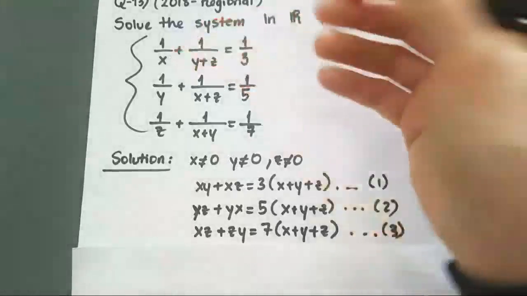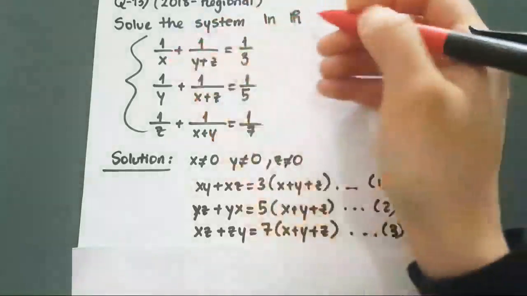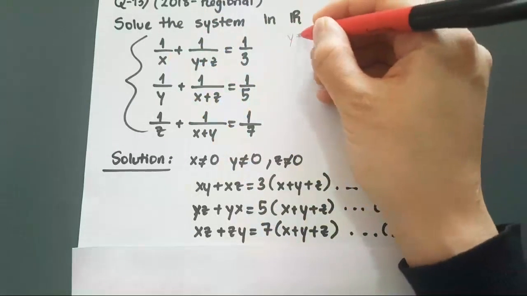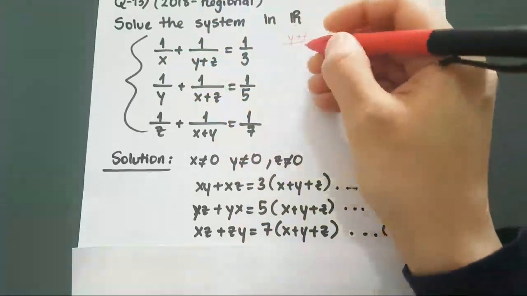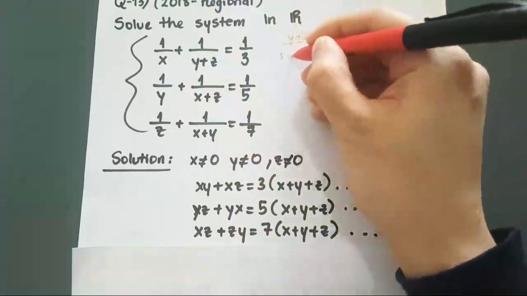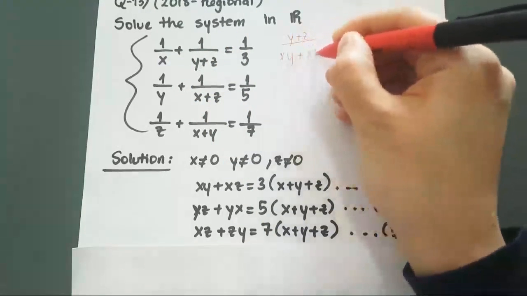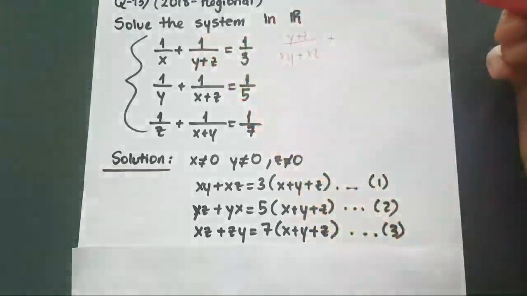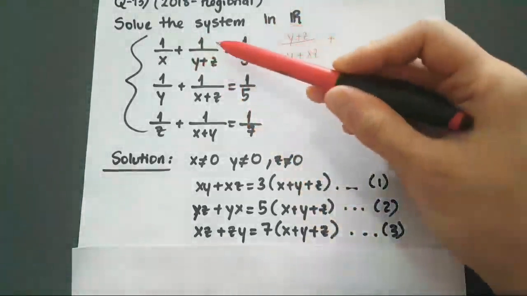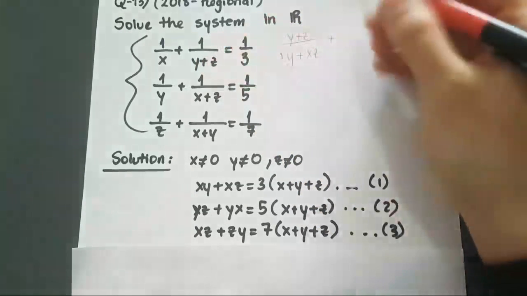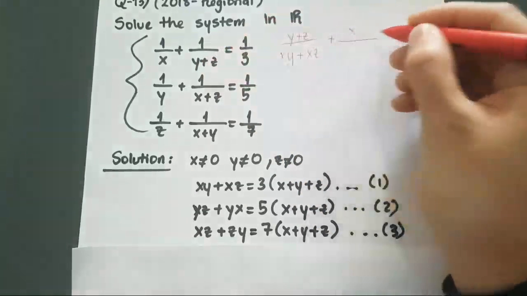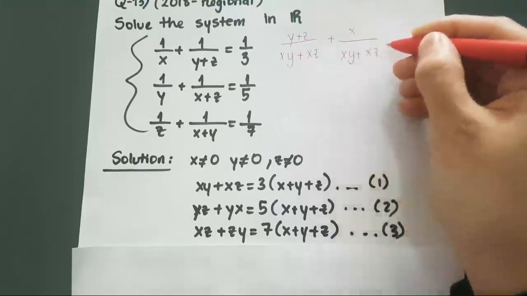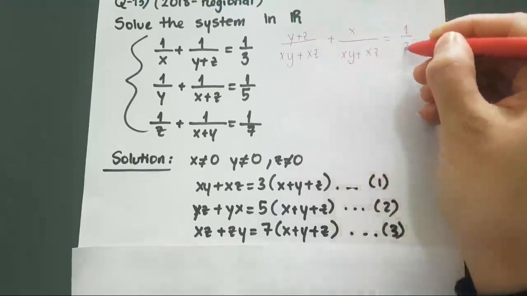The first one, let me multiply 1 over x by y plus z. So I will get y plus z over xy plus xz. And the second rational expression, both will be multiplied by x. So I will get x over xy plus xz is equal to 1 over 3.